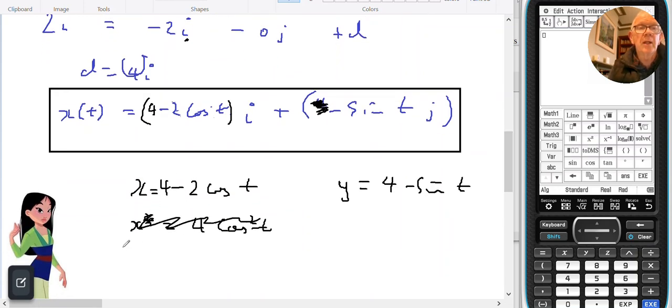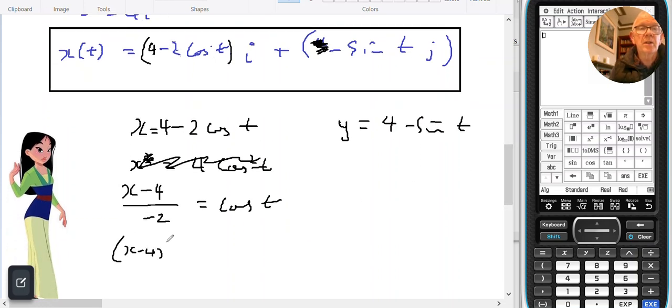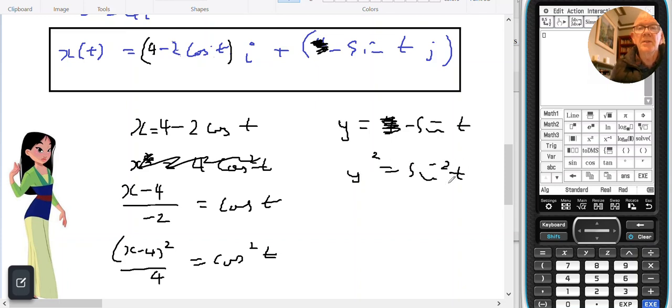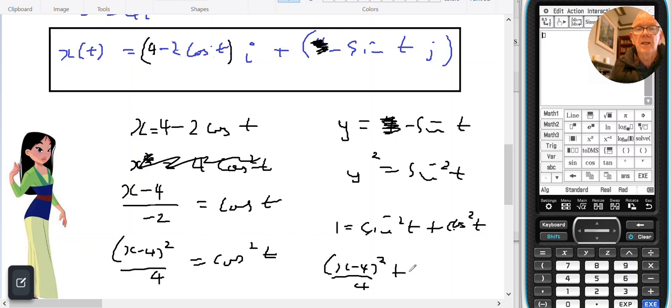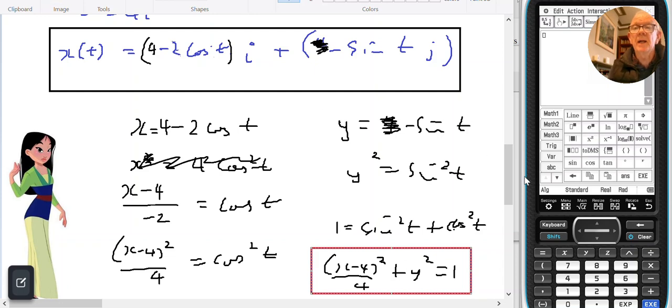Which means (x - 4)/(-2) equals cos(t), so (x - 4)^2/4 equals cos^2(t), and y^2 equals sin^2(t). Since sin^2(t) + cos^2(t) equals 1, therefore (x - 4)^2/4 + y^2 equals 1, and that is the Cartesian equation of the path. So that's part A.